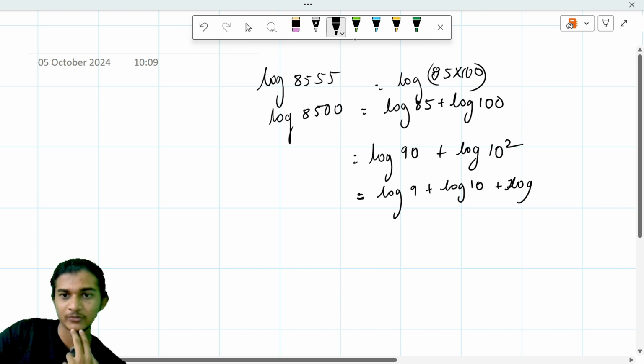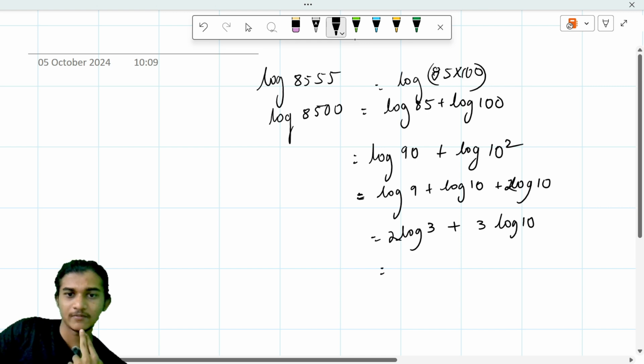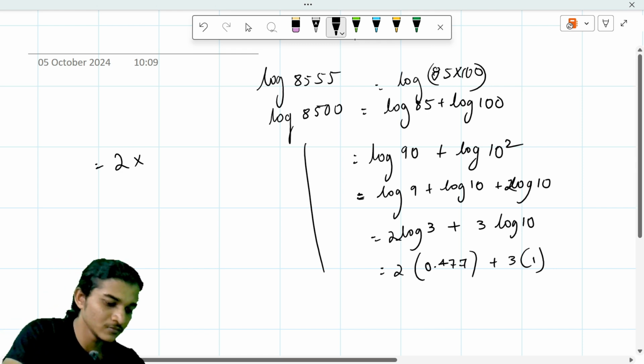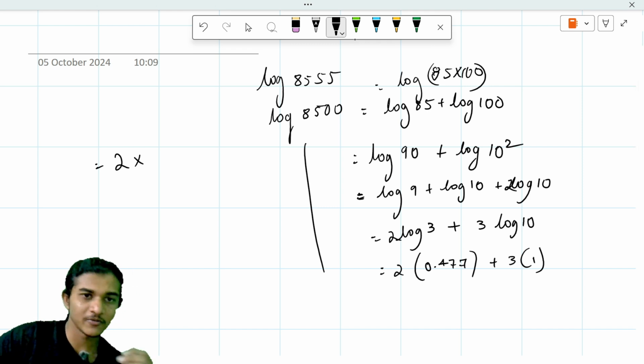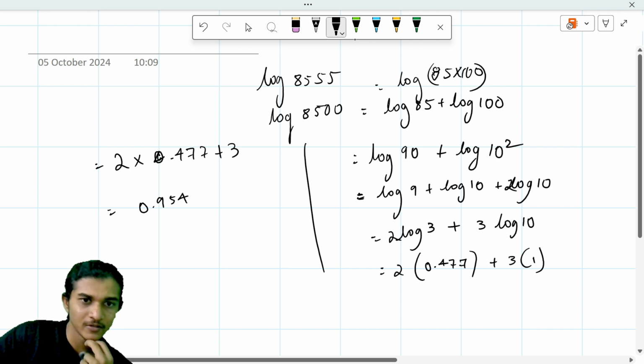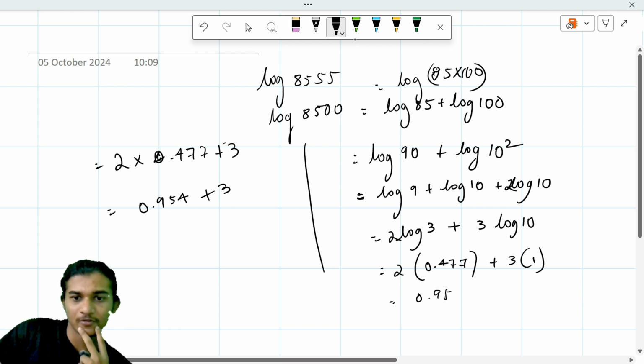Log 9 is nothing but 3 squared, so 2 log 3 plus log 10, and then you have log 3 as 0.477, so 2 into 0.477 plus 1, since log 10 is 1. 2 into 0.477 is 0.954, plus 3, because log 1000 is 3. So 0.954 plus 3 is 3.954.